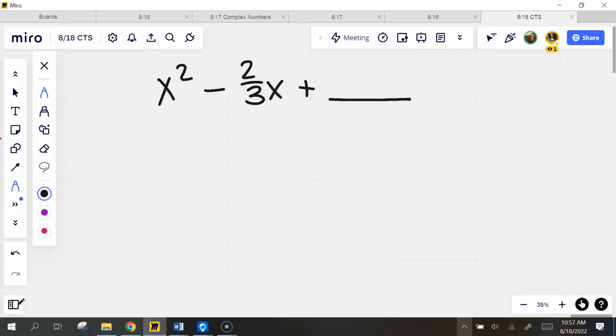Wait a second. Don't blurt it out when you get it. Look at it for a second. I will give you a hint if you're struggling a little bit. Dividing by 2 is the same thing as multiplying by what? A half. Dividing by 2 is the same thing as multiplying by 1/2.